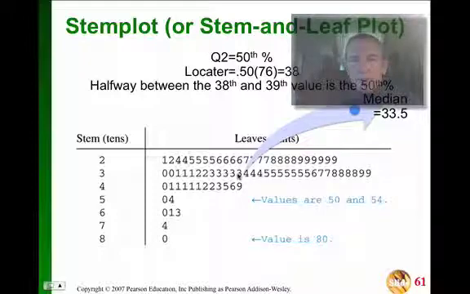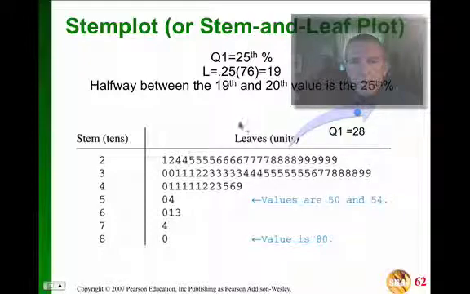The 38th reading of actress ages, right here in the 10's column with a 3, is a 33-year-old. And the 39th is 34. So we added 33 and 34 together, divided by 2, and got 33.5.